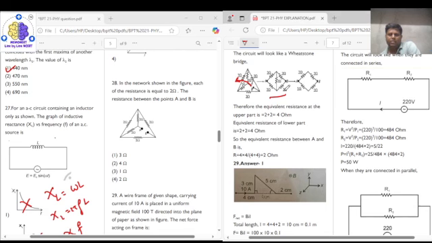Now we see that it is a balanced Wheatstone bridge. It means there will be no current flowing through this resistor. So now these two resistors are in series, and these two resistors are in series, and these two branches are in parallel. So 2 plus 2 is 4, 2 plus 2 is 4, and 4 upon 4 is 2. So the net equivalent resistance will be 2 ohms, which is option 4. Question number 28, the correct answer is option 4.